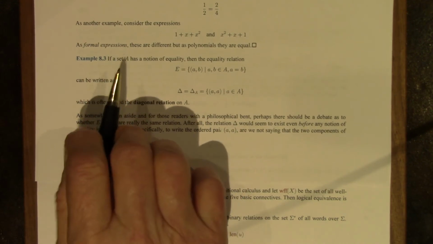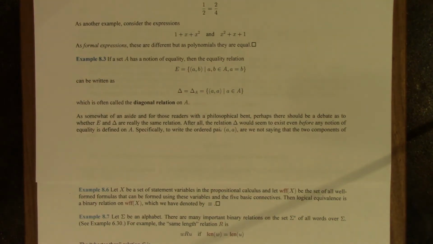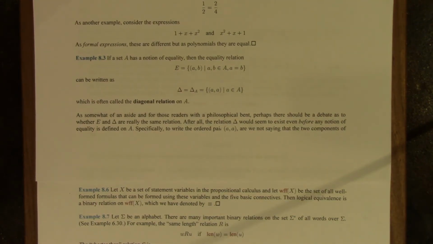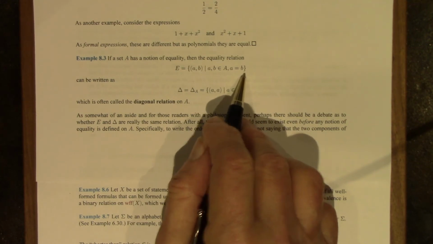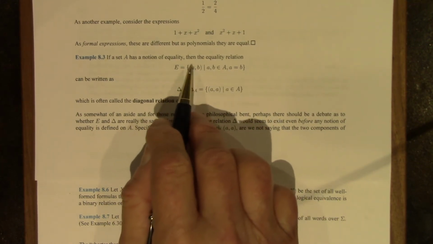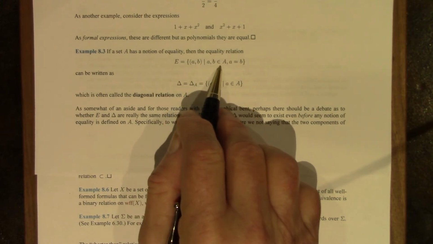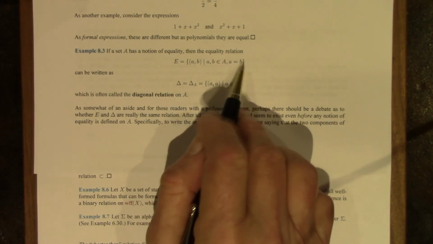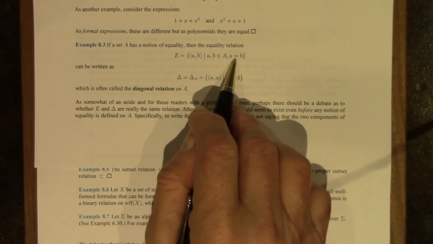Here's another example. If a set A has a notion of equality, if it's been defined, then we have the equality relation. This is the set of all ordered pairs (a, b), where a and b are in this underlying set, and a equals b. Obviously, this doesn't make sense if you haven't defined equality.